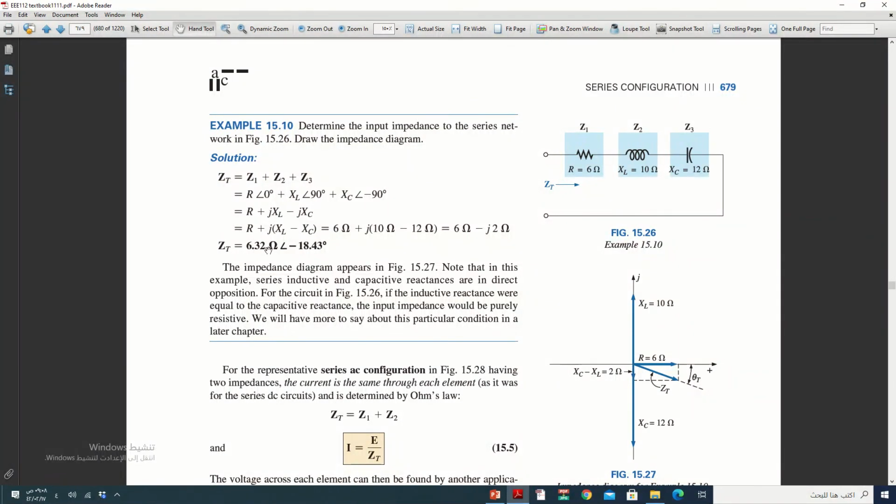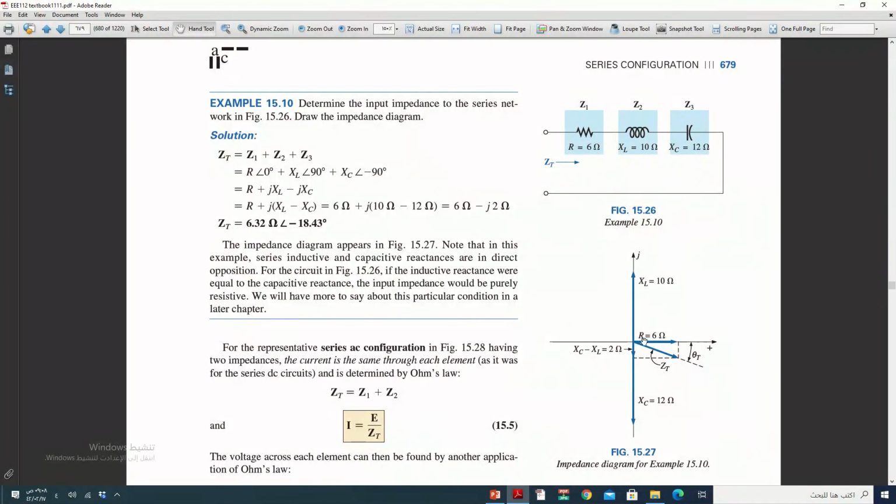If you apply it by calculator, you will find 6.32 ohm and angle minus 18. To draw the impedance diagram, you will see here 6 for the resistor, 10 for the inductor, 12 for the capacitor.